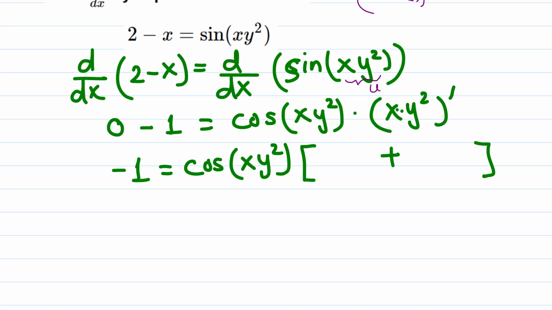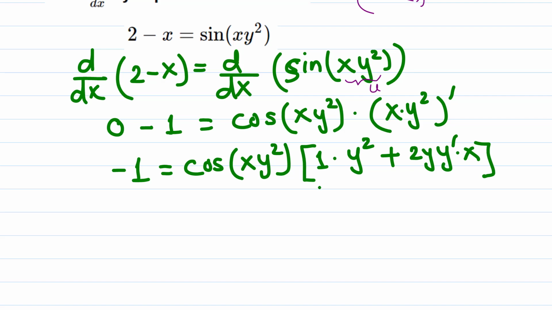Now the derivative of x, 1 times y squared, plus the derivative of y squared, that's 2y, but we are finding the derivative with respect to x, so by the chain rule, y prime. And by the way, y prime is dy over dx. So the derivative of the second factor times the first, which is x.